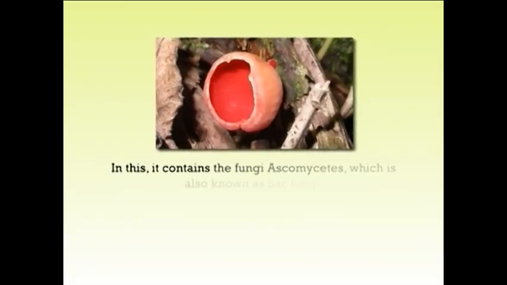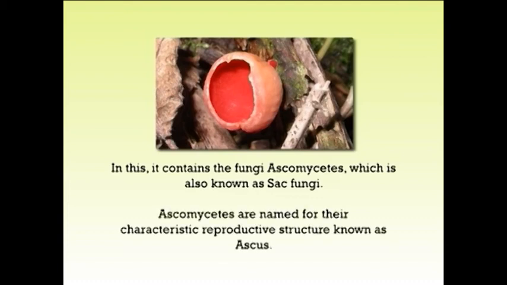Next we'll come to the division Ascomycota. It contains the fungi Ascomycetes, also known as sac fungi. Ascomycetes are named for their characteristic reproductive structure, known as the ascus. They reproduce by both asexual and sexual reproduction. But asexual reproduction is common and takes place by way of conidiospores.